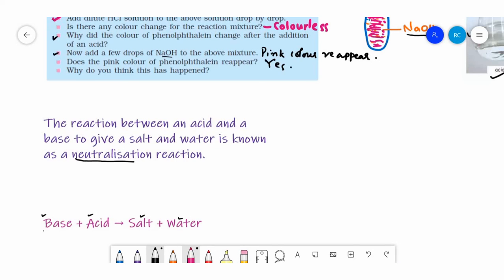In the previous reaction we took NaOH and it reacts with HCl, so that we get NaCl, the salt formed, along with water. So this is a common example of a neutralization reaction between NaOH and HCl. The products formed will be NaCl and water.